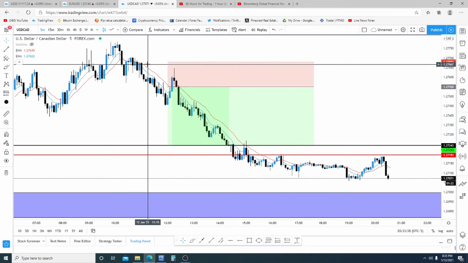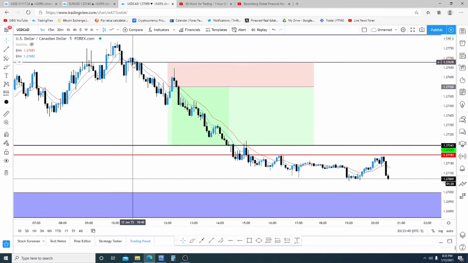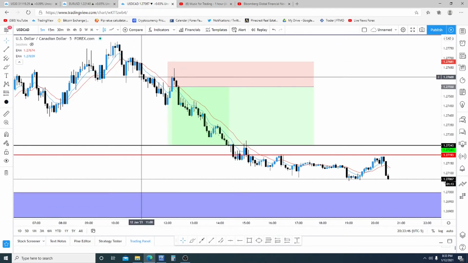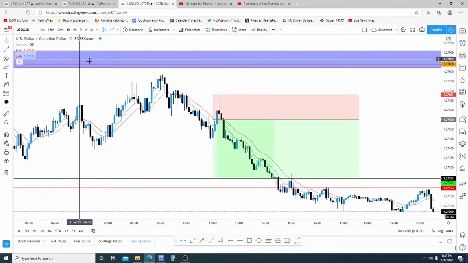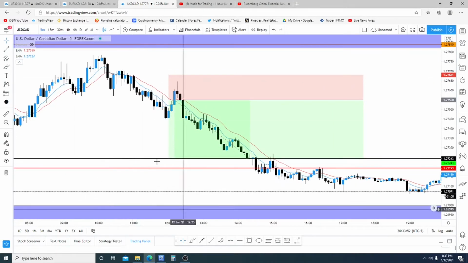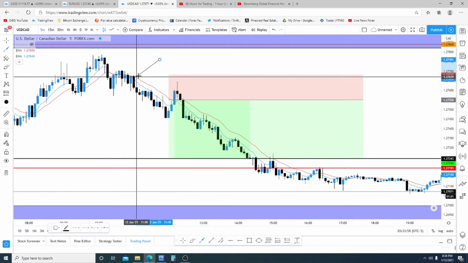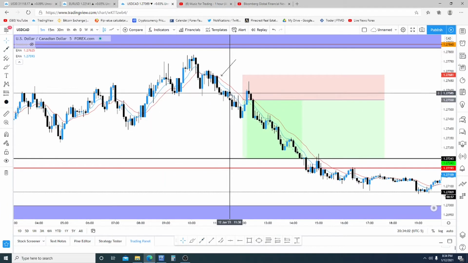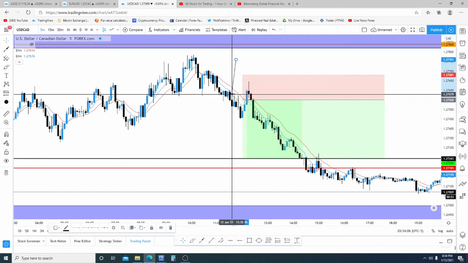Once I saw that the 5 minute was below our EMA, our exponential moving average, I was like, okay, since price is down and it gave us extra confluence on 4 hour, I was looking for this type of engulfing candlestick right there, around here. Once we were around here, I entered based on this candlestick.